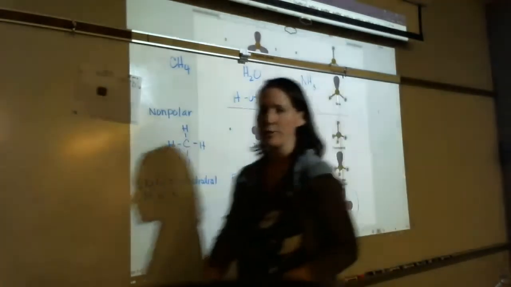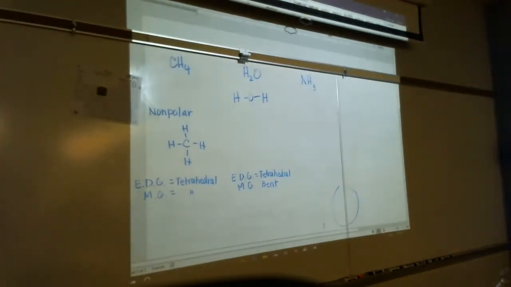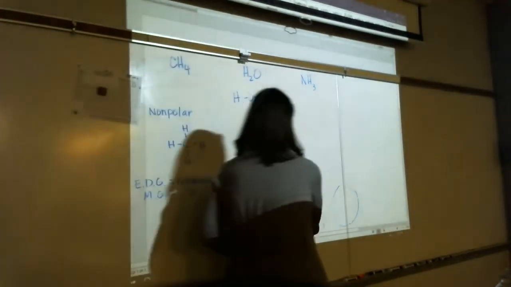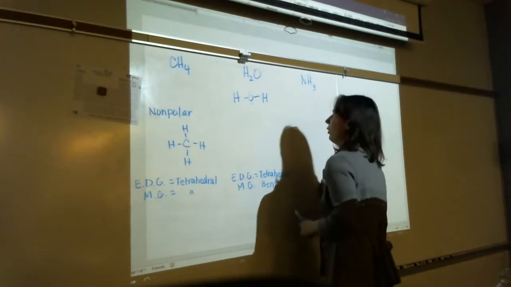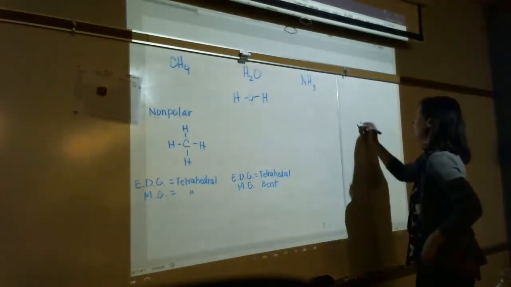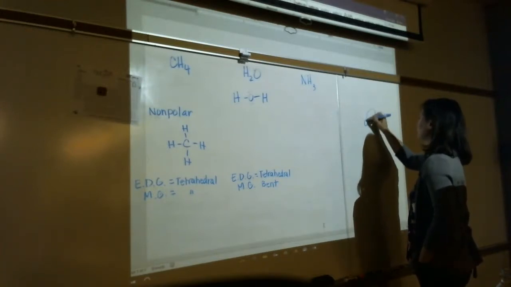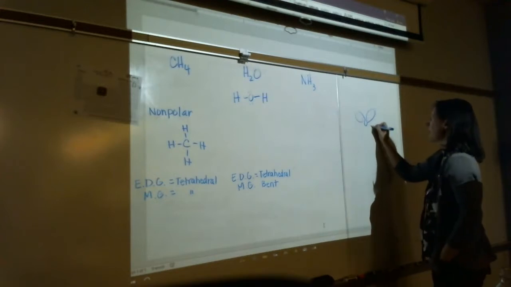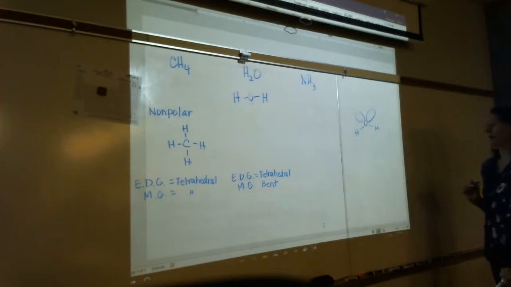Now let's ask ourselves, is this polar or is this nonpolar? Sometimes it's more helpful to look at the Lewis structure, sometimes it's more helpful to look at the 3D shape. So if we're looking at the 3D shape, those take up a lot of space. Is there a region of this molecule where there's high electron density?